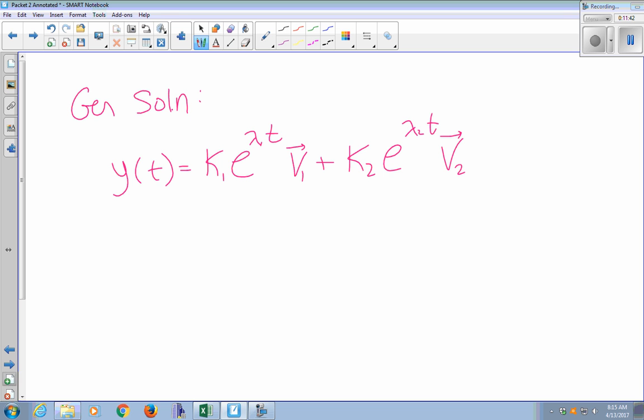You have two eigenvalues with associated eigenvectors. So you get two particular solutions, e to the lambda t v, and then take a linear combination. So I'll just put this all in here. And this is a vector. So this is actually yv.